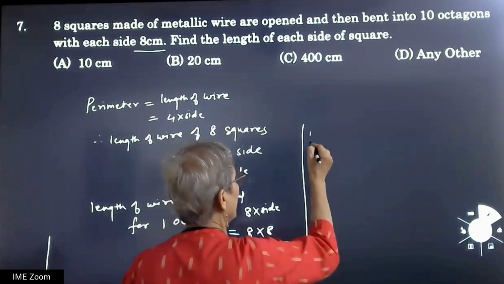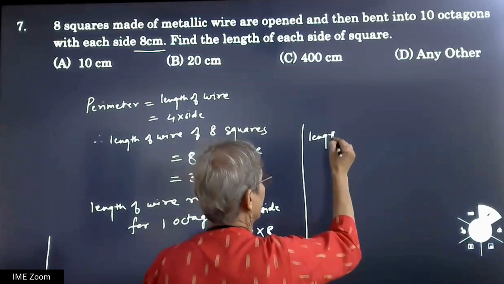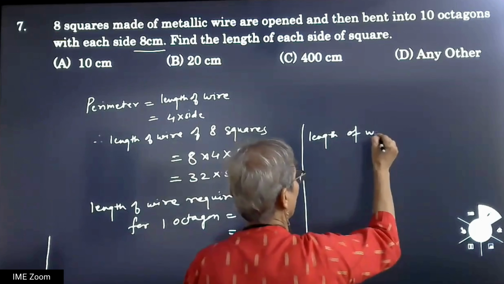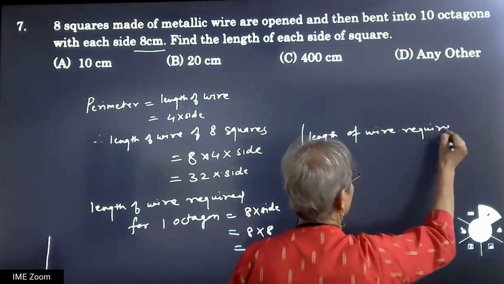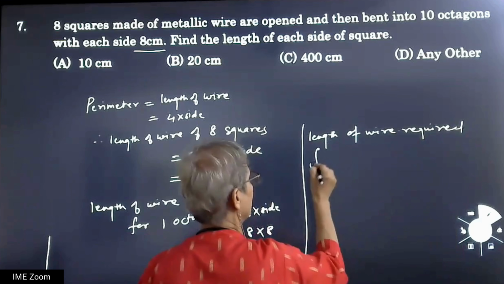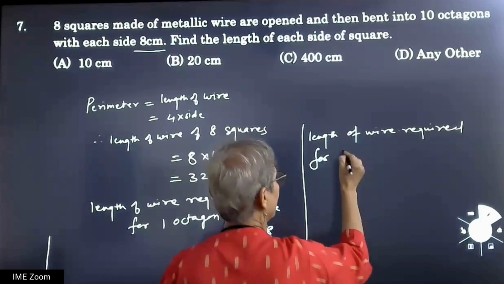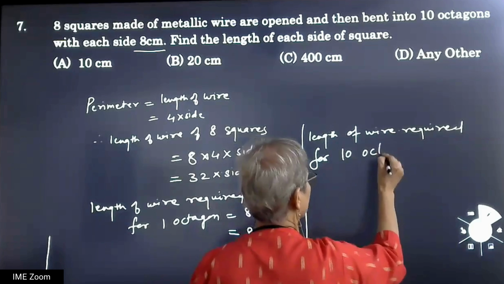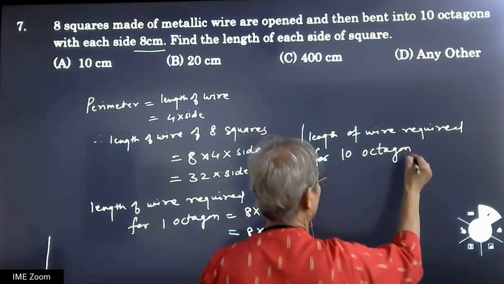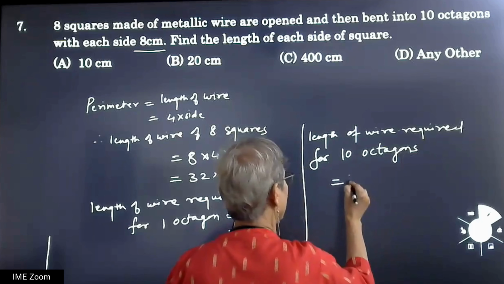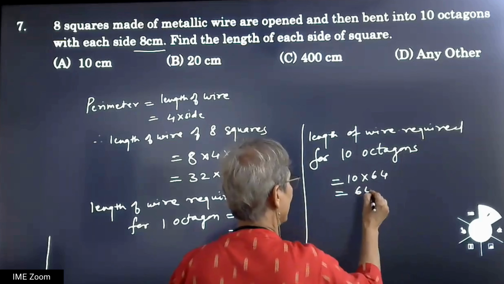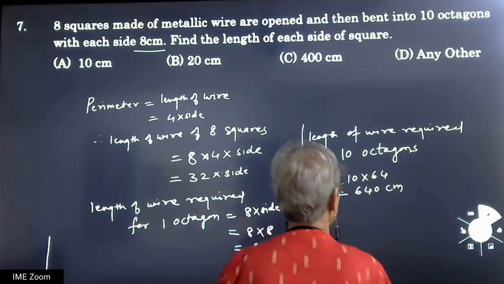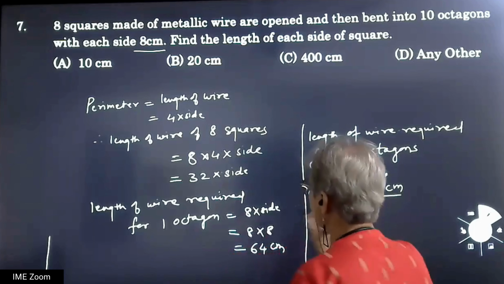And therefore, length of wire required for 10 octagons is equal to 10 into 64. That is 640 centimeters.